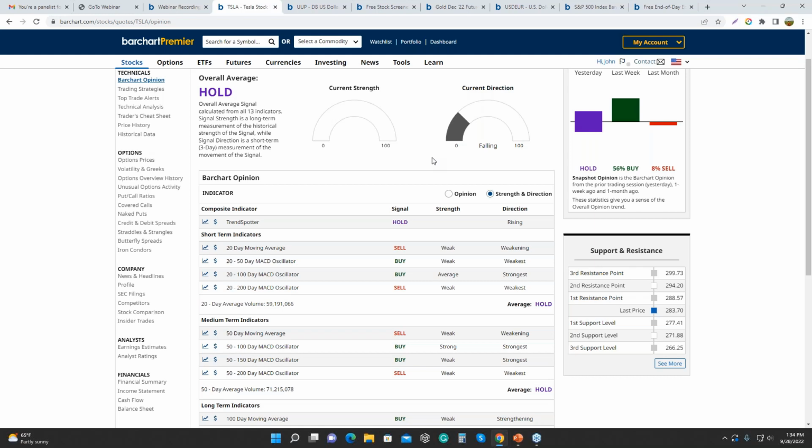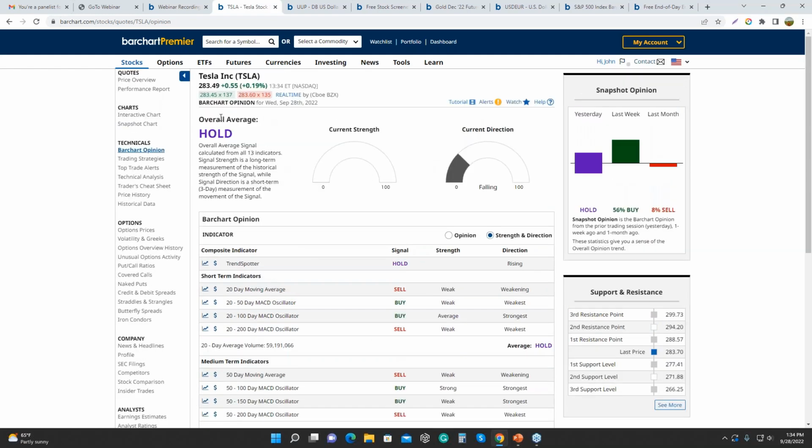I really just want to wait now for a better opportunity. I want to wait for our current strength either to increase to the upside or to increase to the downside, or I want to start seeing some of that momentum pick up, moving to average, to strengthening, to strongest, depending on that price movement.